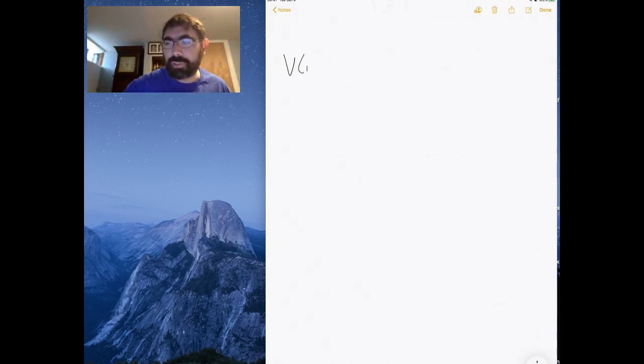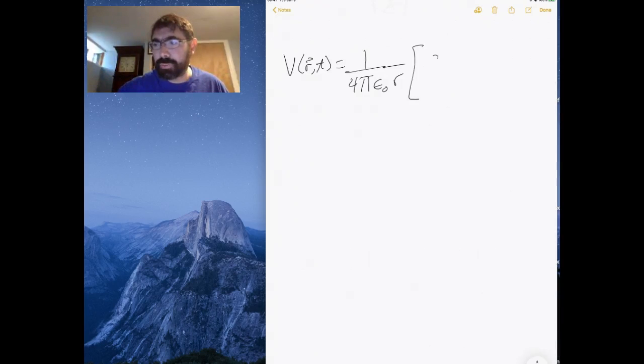And so the integral of the electric potential is 1 over 4 pi epsilon naught, and I can take out an r. And I have now a couple of integrals.